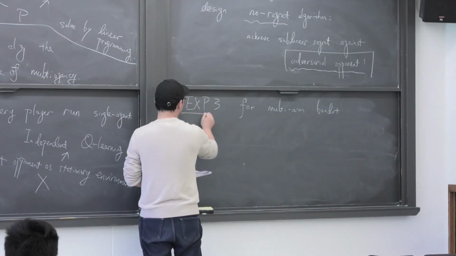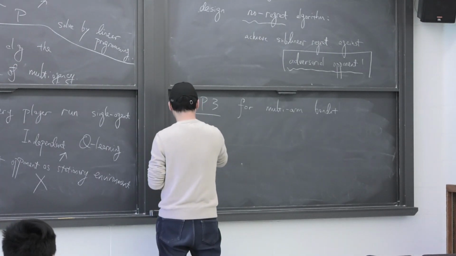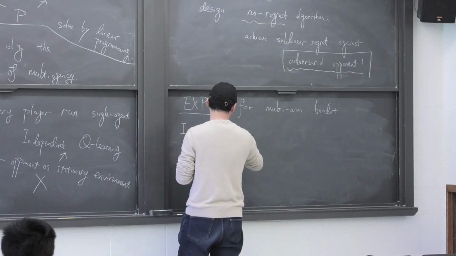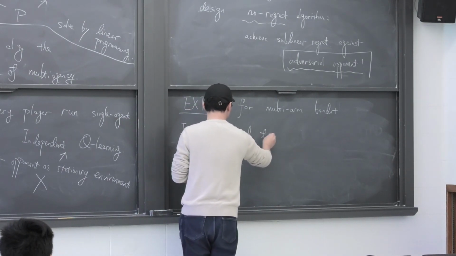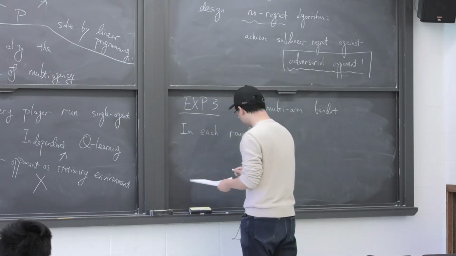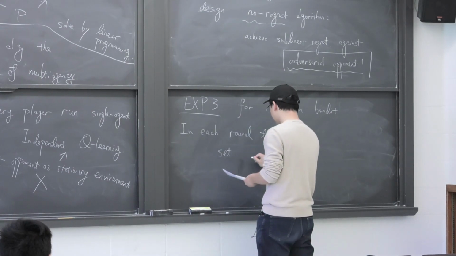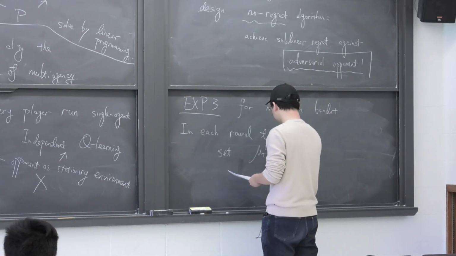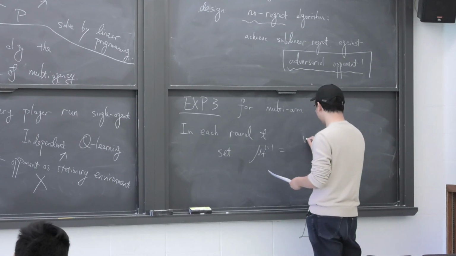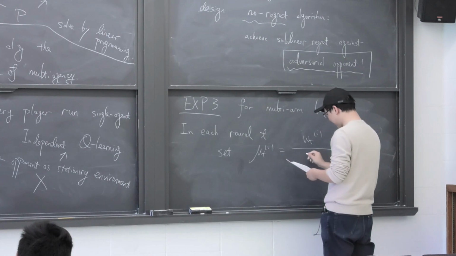So the EXP3 algorithm works as follows: in each round t, we will set some probability mu t i just equal to some weights normalized by summation.